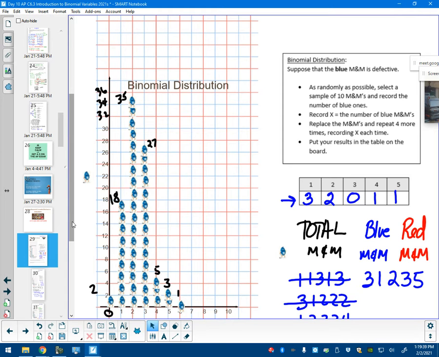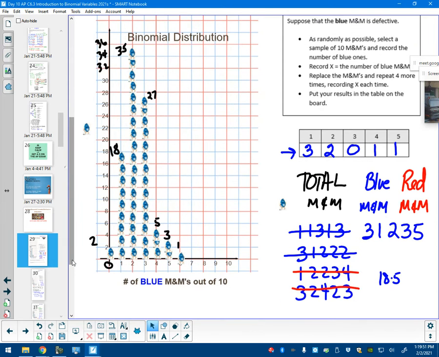Somebody else got a 0, right? That's okay. Yeah, I had a 0 too. So there are 2 zeros. All right. Well, 91's okay. It's not going to be terrible. 2, 18, 35, 27, 5, 3, 1. All right. It's okay. It will still work out just fine.